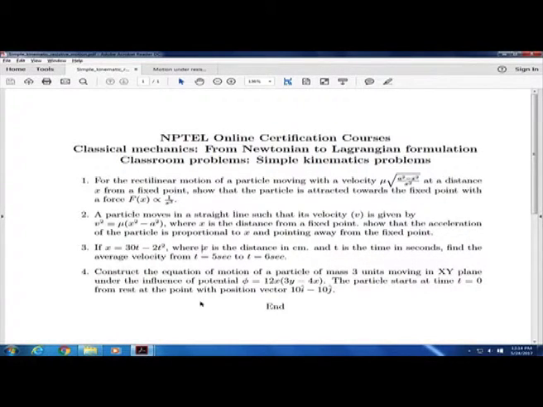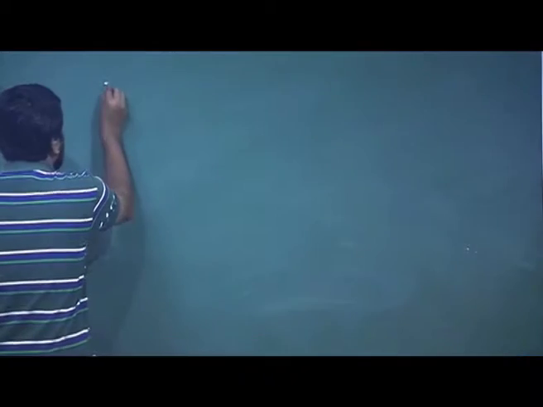Construct the equation of motion of a particle of mass 3 units moving in the xy plane under the influence of potential phi, which is a function of x and y, and the particle starts at time t equal to 0 from rest at the point with position vector 10 i cap minus 10 j cap. So, what is given here is the mass of the particle, m equal to 3 units.